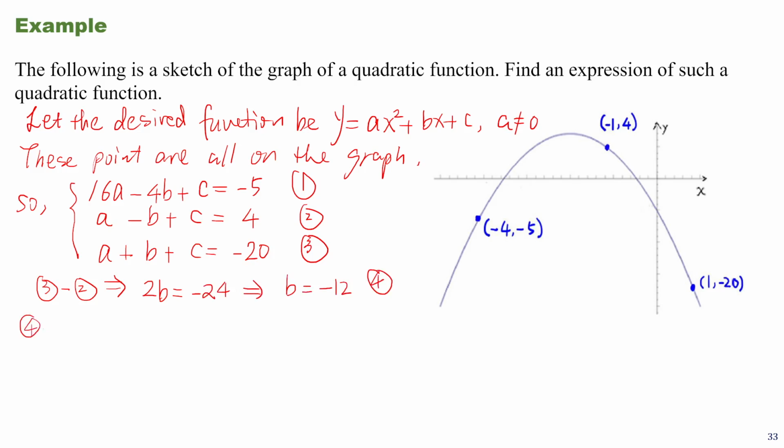Then we can put number 4 into equation number 2. And this will give us a plus 12 plus c equals 4, right? Which means a plus c equals -8. Well, let's call this number 6.